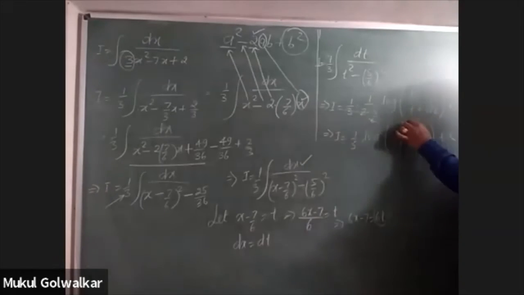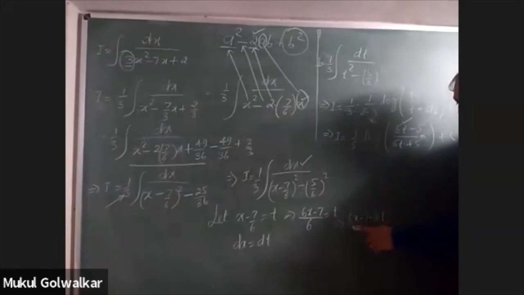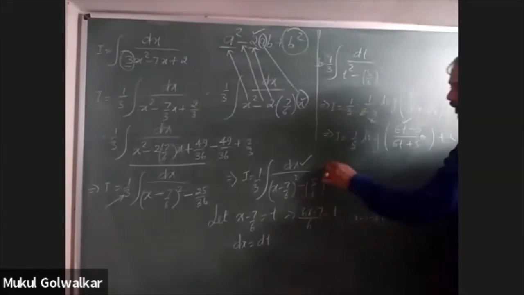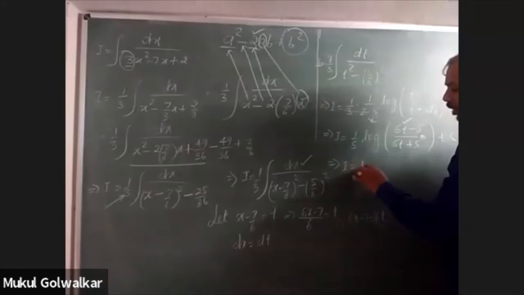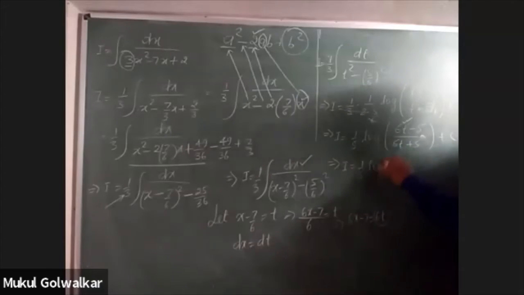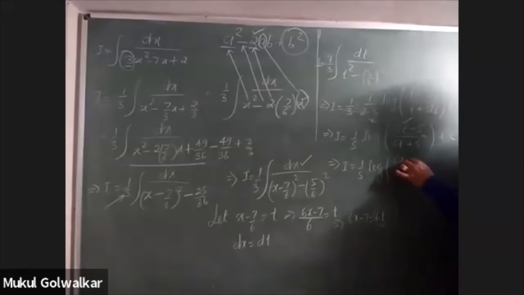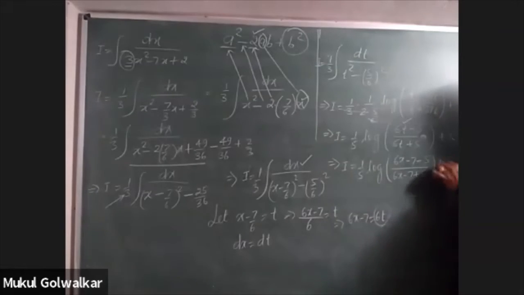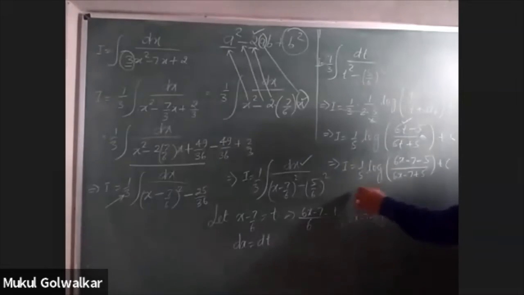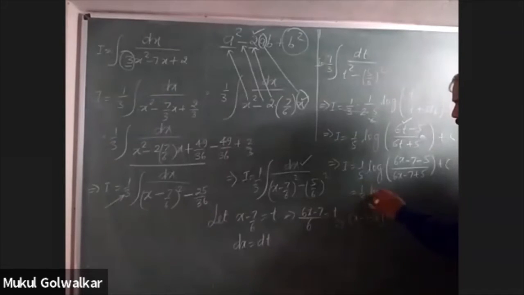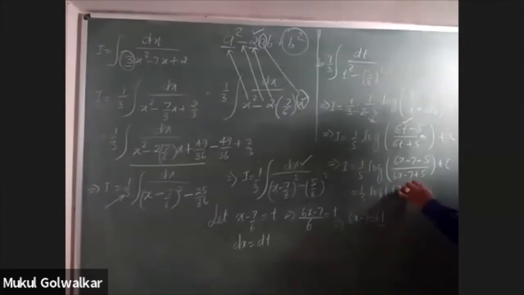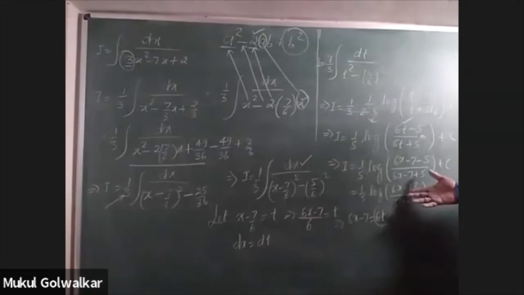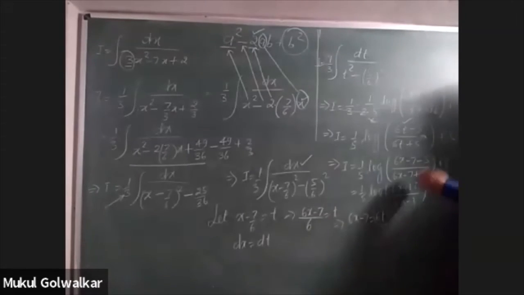So this value of 6 into t will be replaced by writing 6x minus 7. Okay. So here we write I is equal to 1 upon 5 times log of 6x minus 7 minus 5 divided by 6x minus 7 plus 5, and this will be equal to 1 by 5 times log of 6x minus 12 divided by 6x minus 2. Further simplification, cancellation of some quantity if there, can be done.